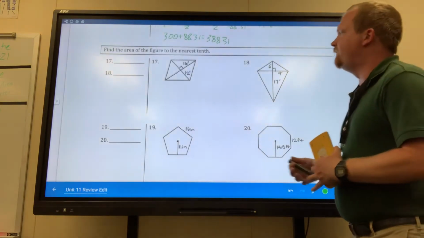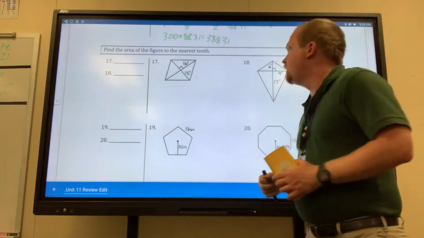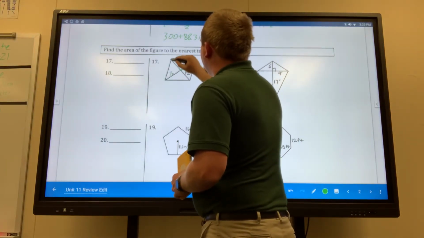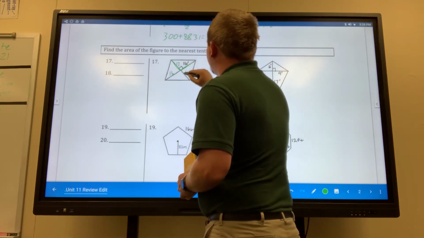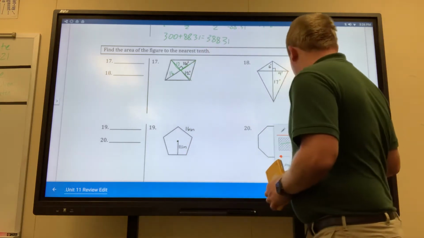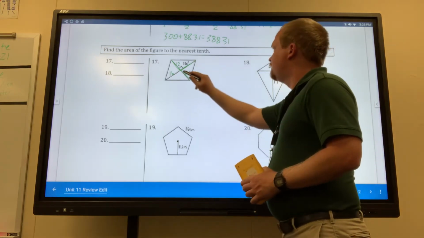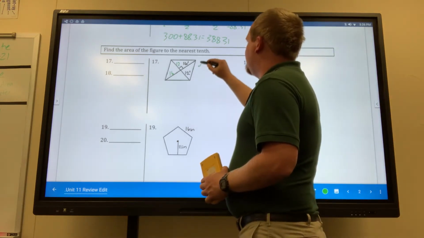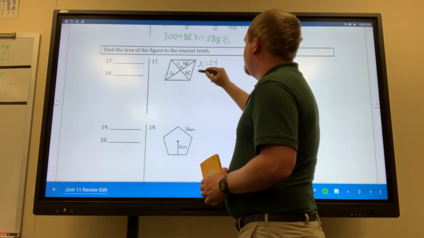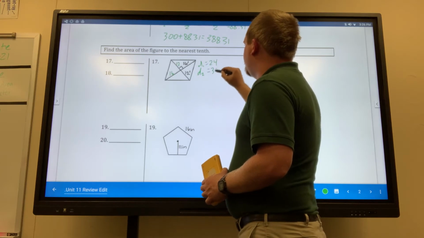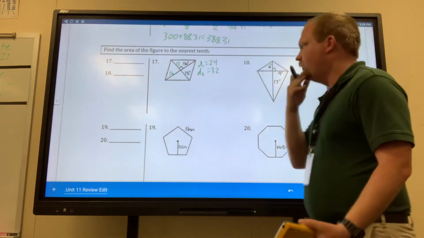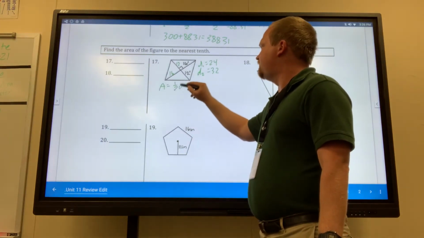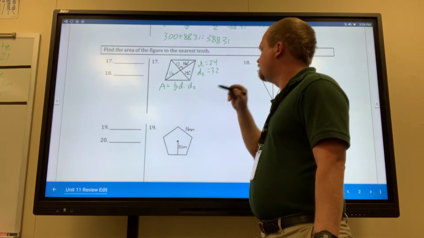Next, we want to find the area of this kite. Now, if this length is 16 right here, this is 16 as well. And this is going to be 12 because this length is 12. All right. So all I gotta do is add the diagonal lines, which one of them would be 24, the second one would be 32. The reason that's important is because the area of this kite is 1/2 times diagonal 1 times diagonal 2.